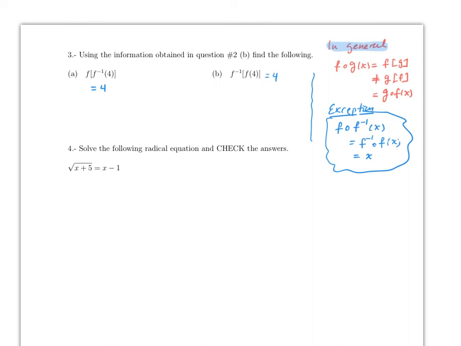And just to check that this is the case, in 2b, f of x was equal to the square root of x plus 5, and the inverse was x squared minus 5.